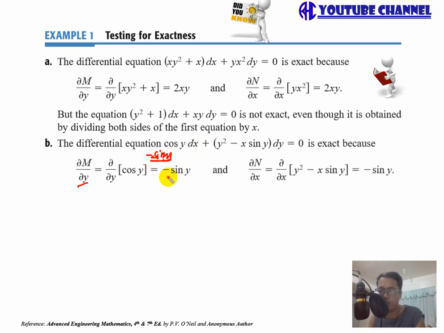So it is negative sine y. Going to the function N with respect to x, this becomes constant and this is constant, so the only variable left is x. The first derivative of x is 1, so what remains is negative sine y. So if we check, their answers are the same, so that is an exact differential equation.